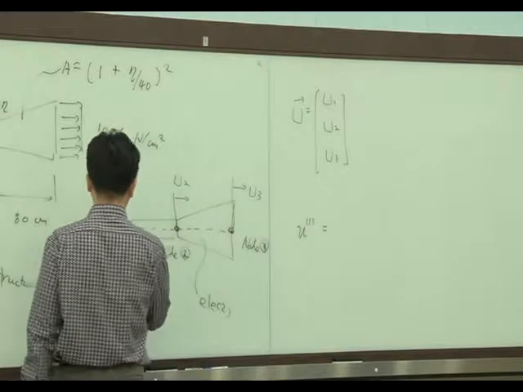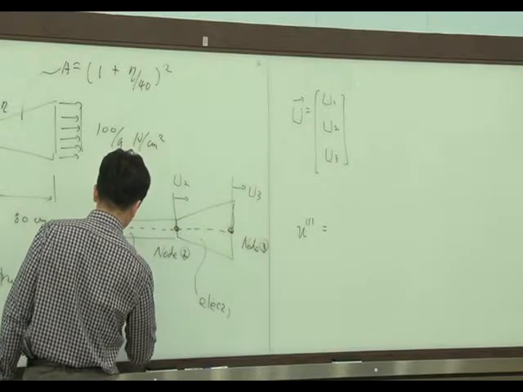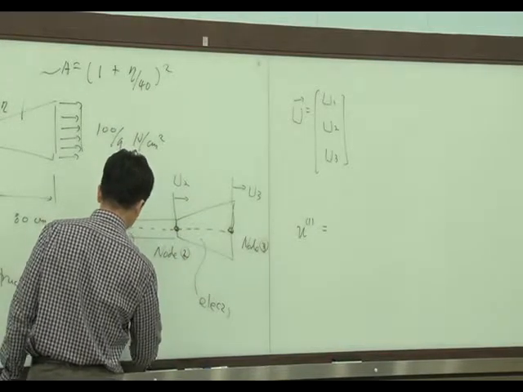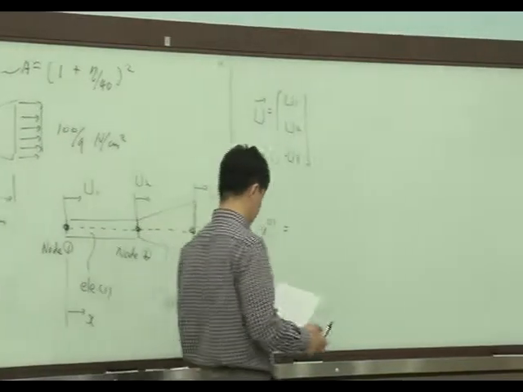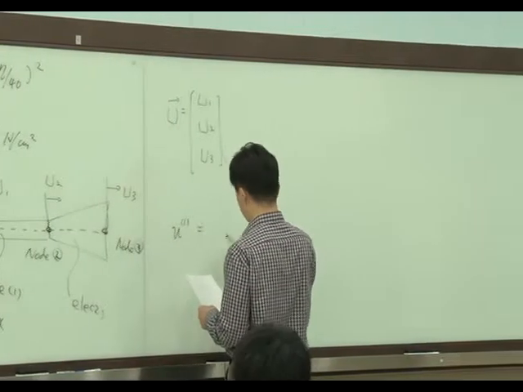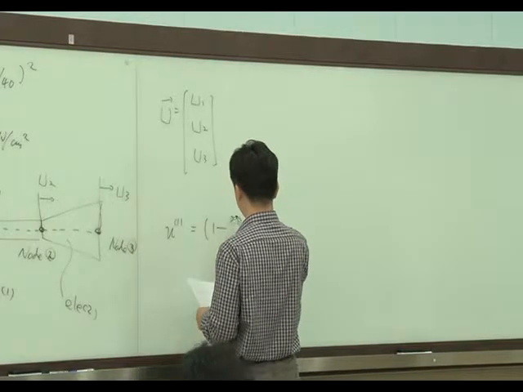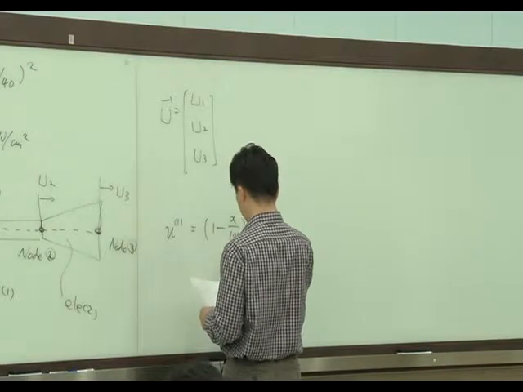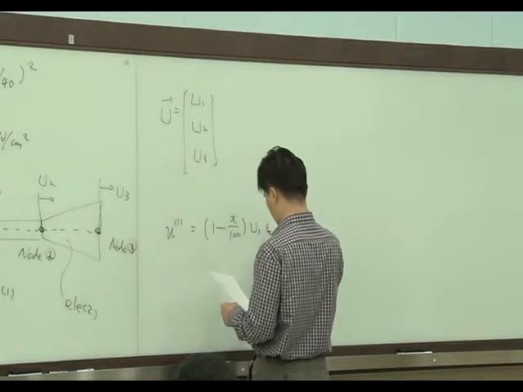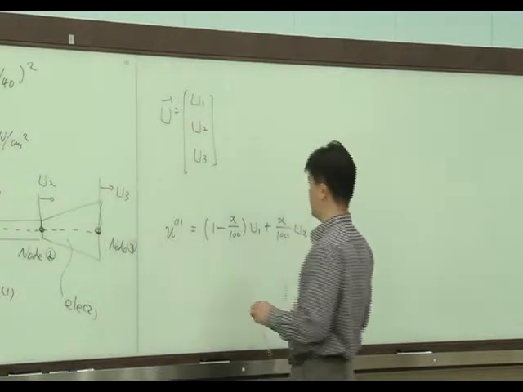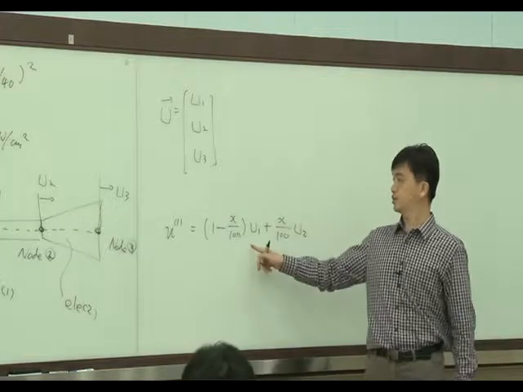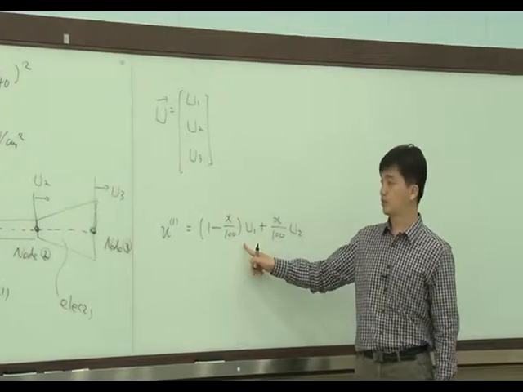Let's define the linear coordinate system, with local coordinate x starting from here. Then it becomes (1 minus x over 100) u1 plus (x over 100) u2, right? Let's put x equals 0.